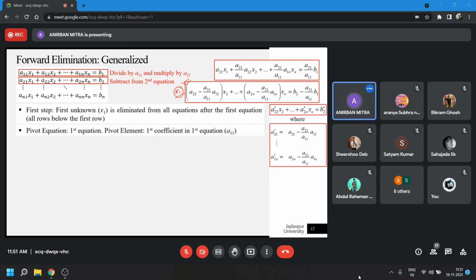That equation in shortened form can be written like this: A22 dash x2 plus, it goes on to A2n dash xn equal to B2 dash. Now what is this dash all about? This dash actually indicates how many operations have been performed on it. It has gone through one step of forward elimination, so that is why this single dash is present.